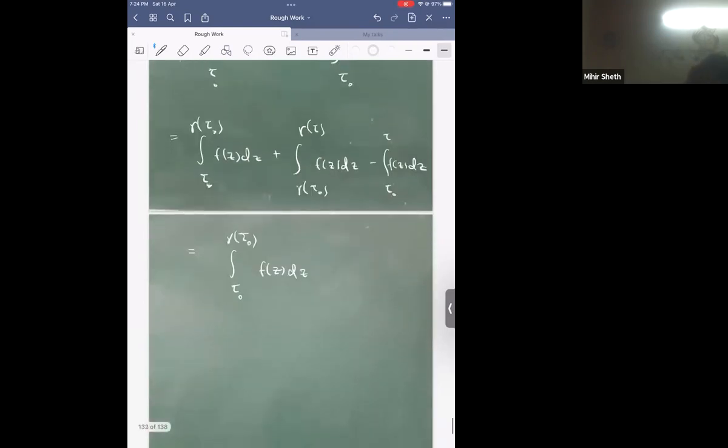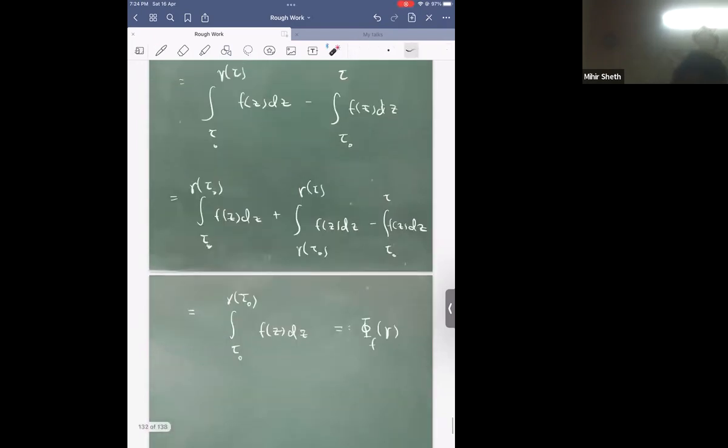Okay. So let's call this capital phi of f of gamma. You can also check that this is independent of the chosen base point. It's easy.